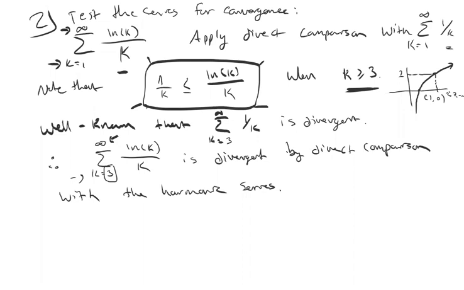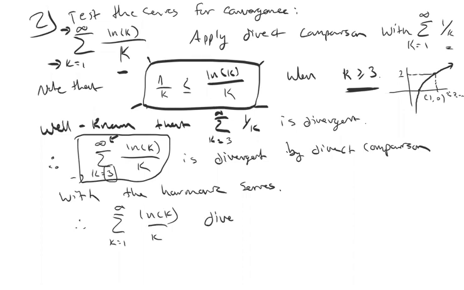Okay, so because this diverges, by adding even negative things, it's not going to affect the convergence or divergence. So from this, we can conclude that therefore the full series k equals 1 to infinity of log of k over k diverges.